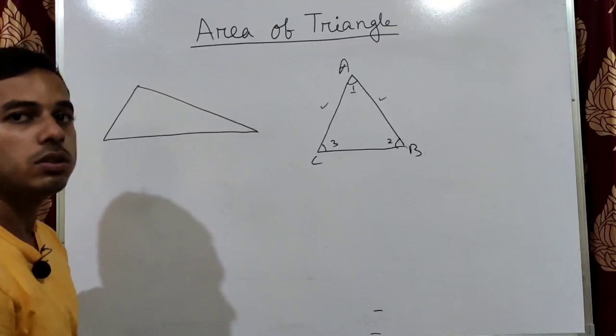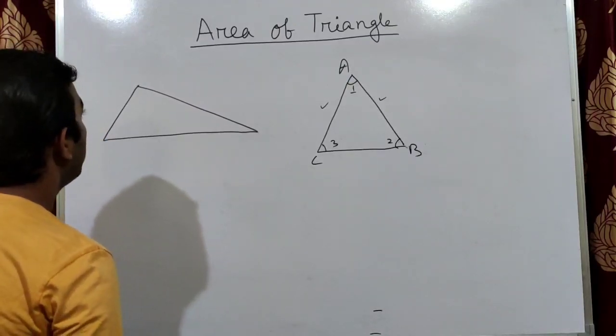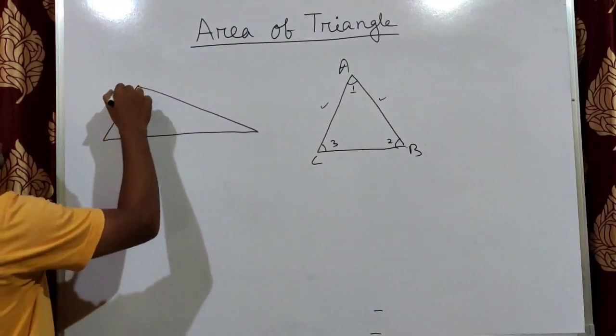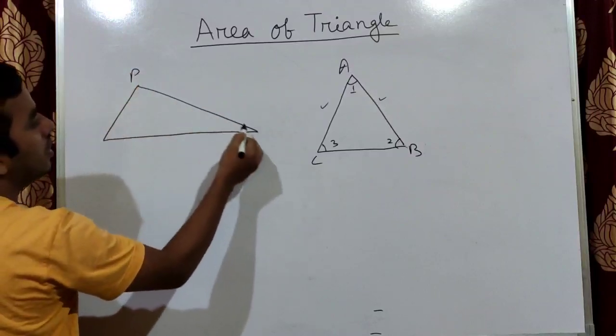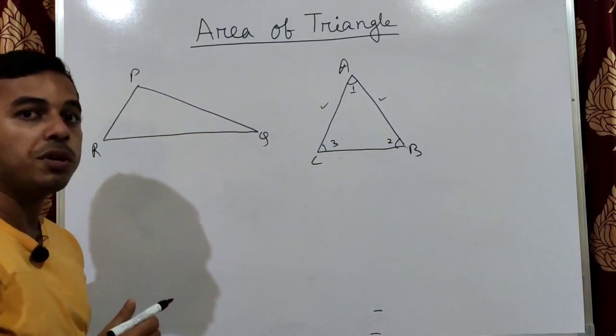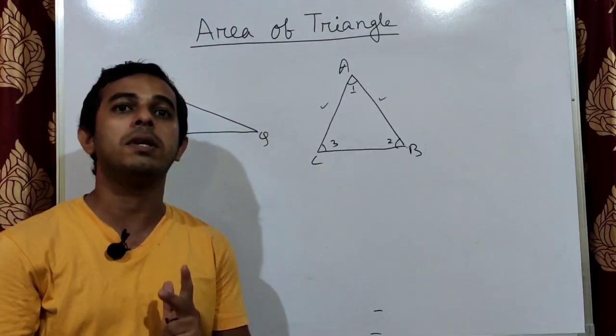We are discussing median and altitude, right? So let's come to the discussion. For this we have drawn another triangle and we name it PQR. Median, from the name we can say, is about the middle, right?